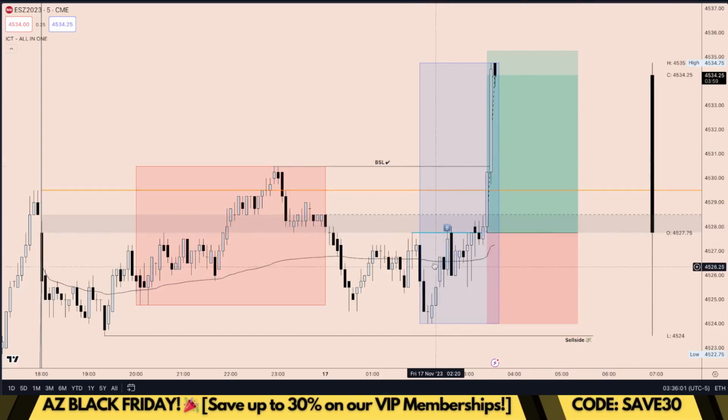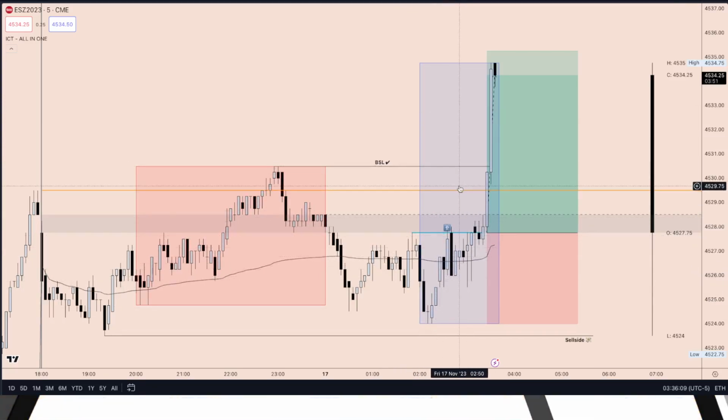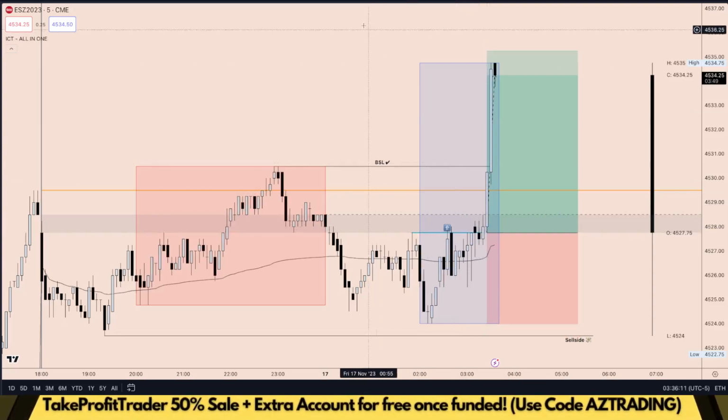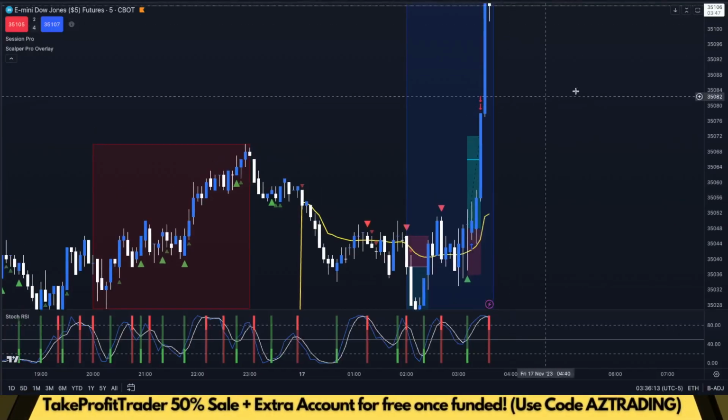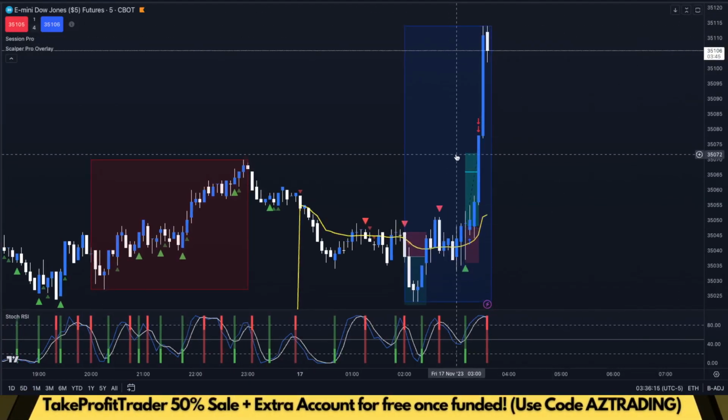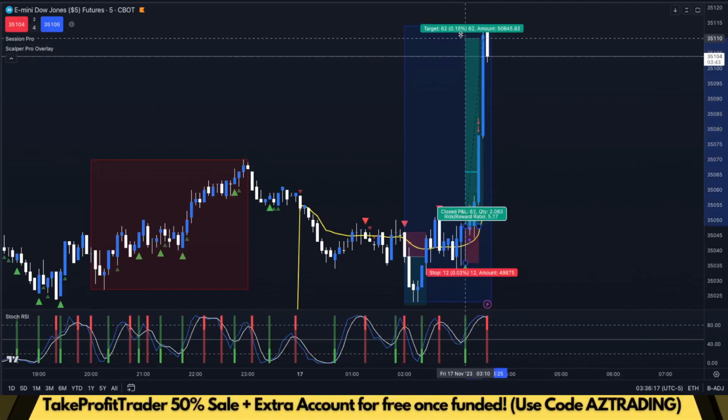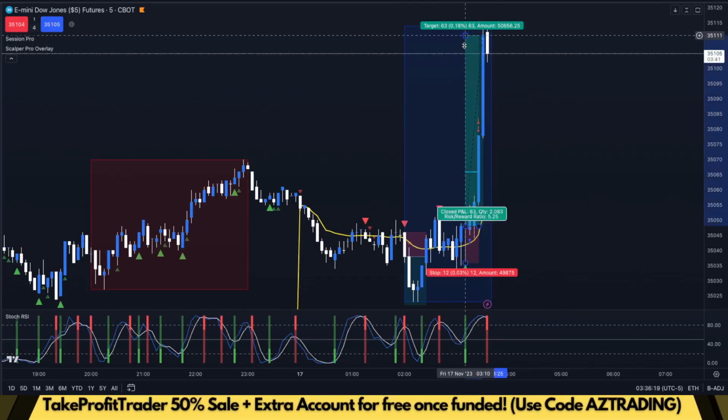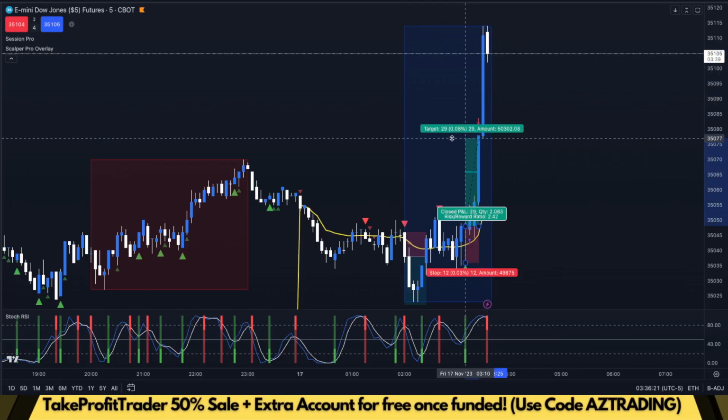Didn't get our fair value gap entry to go in long, just chopped here, but we still understand that the setup is there, the possibility is there. Without YM it is also taking off, 5 risk to reward from a simple indicator based strategy entry.